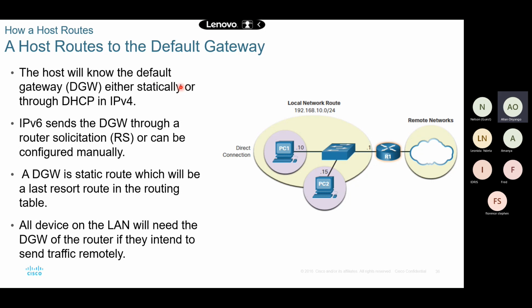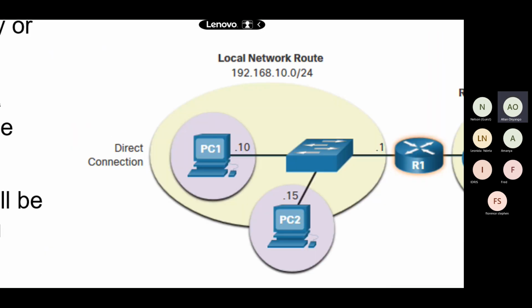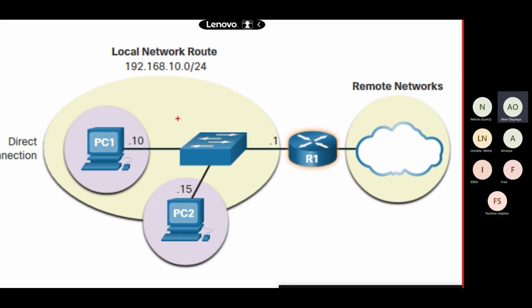Like I've mentioned, every device must always have a default gateway. Okay? And so the default gateway can be obtained, of course, through DHCP, or it can be manually configured. So for any device that wants to send traffic outside of the network, you must have a default gateway. You can still send traffic within your own local area network without using the default gateway, but to access devices or other places outside of your network, let's say this is a network here.